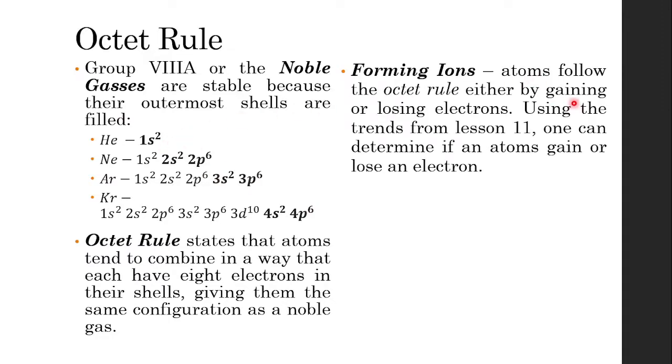And that is because when atoms form ions, they either gain or lose electrons, and they want to gain or lose electrons in order to satisfy the octet rule, or having 8 electrons in their valence shell. So let's look at some examples of how we identify which elements gain and which elements lose electrons in order to satisfy the octet rule.